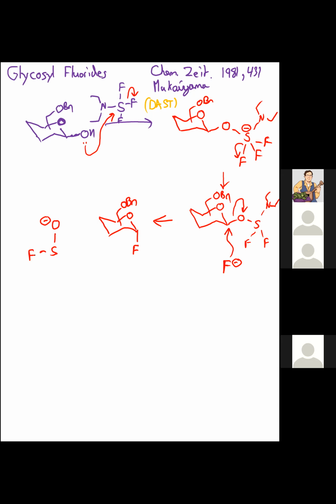Let's just take care of this other component. I'm going to do a little bit of electron accounting. Normally I don't care, but I want to come back to why this works the way it does. Some of you might be familiar with DMSO, sulfur double bond to oxygen. That's pretty stable. That's where this is going to go, so it's going to release another F minus.